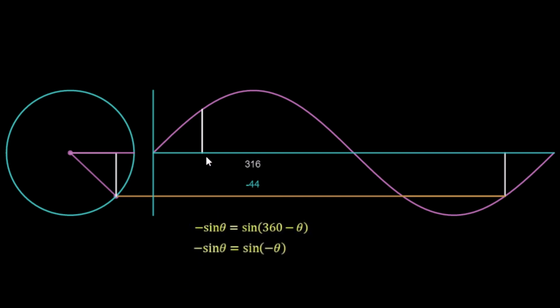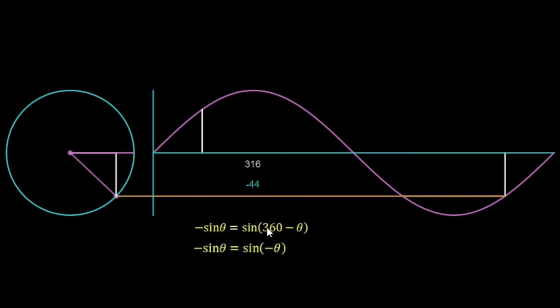All we're really saying is that this height here is going to be the negative of this height here, and this angle here is going to be the negative of this angle here. So we have minus sine of theta is equal to the sine of minus theta.